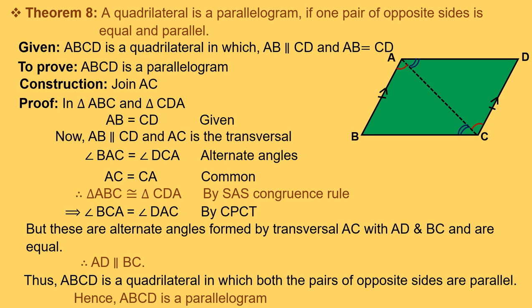Hence, ABCD is a parallelogram. So we understood that if one pair of opposite sides is parallel and equal in a quadrilateral, then it is a parallelogram. Here we have proved the theorems related to properties of a parallelogram. We understood the criteria which makes a quadrilateral a parallelogram.